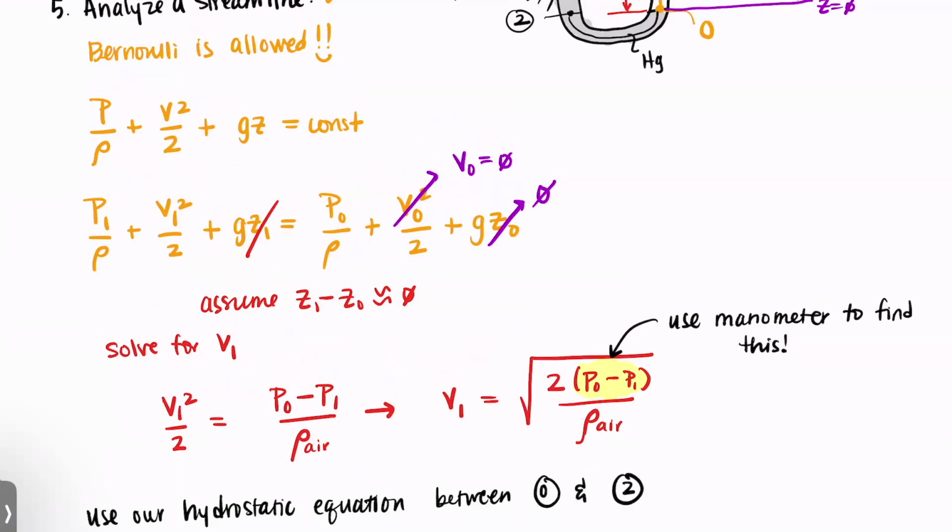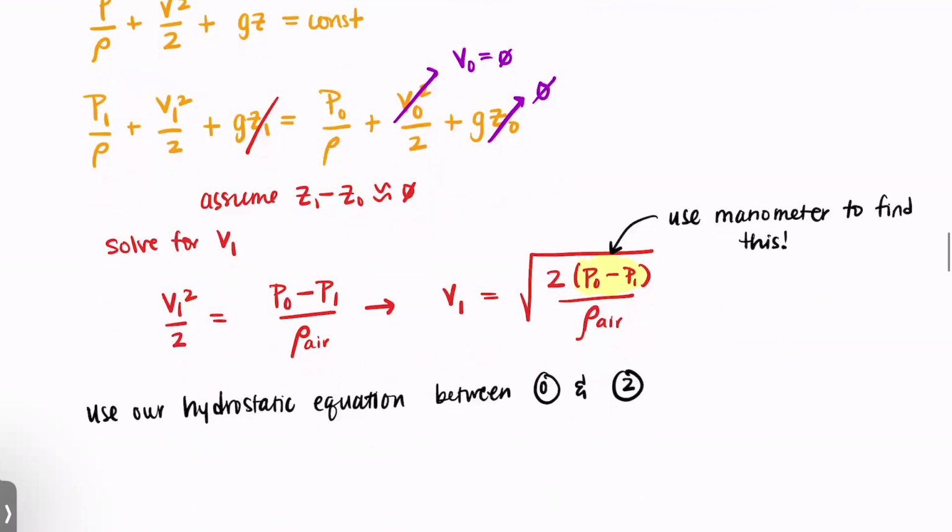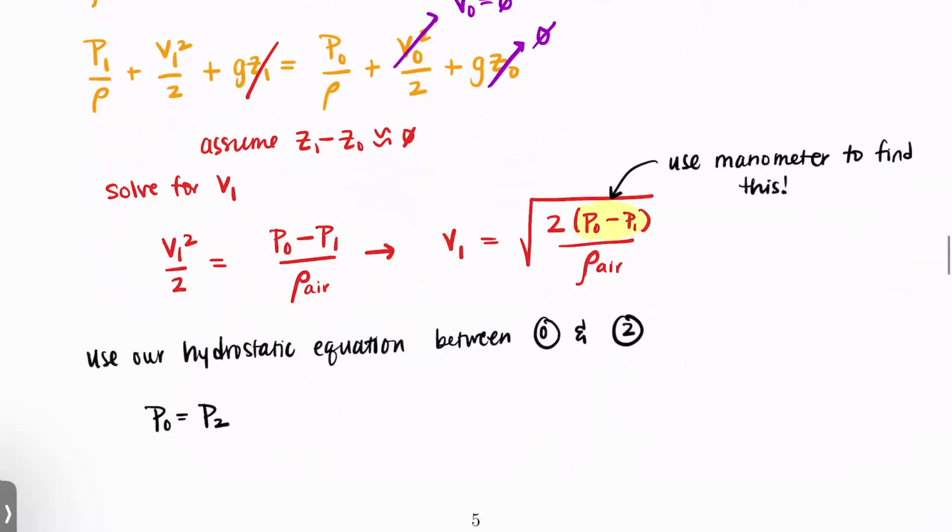Okay? So we know that the pressure at 0 is equal to the pressure at 2, right? Because we're at the same Z location and going through the same fluid. So we know that P0 is equal to P2.